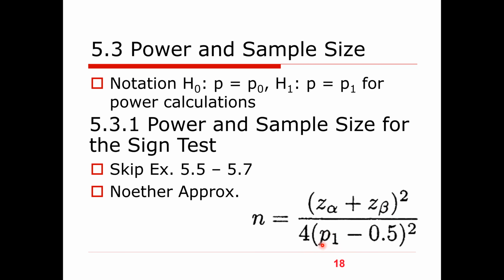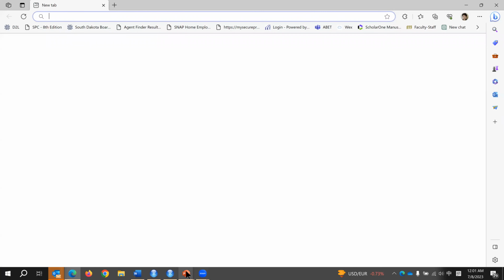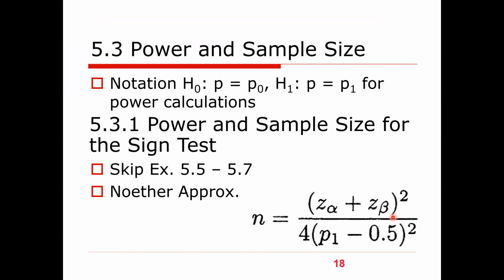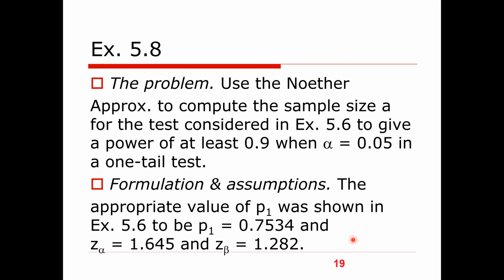Given the probability of falling into one out of the 2 results, if we want to determine how large the sample size should be to give us a powerful enough result, then we can use this equation to help us determine that. Example 5.8 gives the value of alpha and the value of beta.